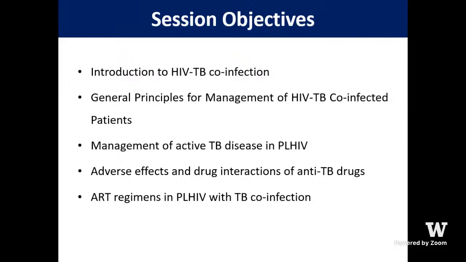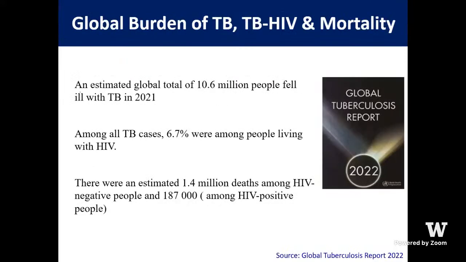HIV and TB is a very fatal co-infection. The commonest opportunistic infection in HIV is tuberculosis. Tuberculosis is caused by Mycobacterium tuberculosis. That's more than 100 years old.